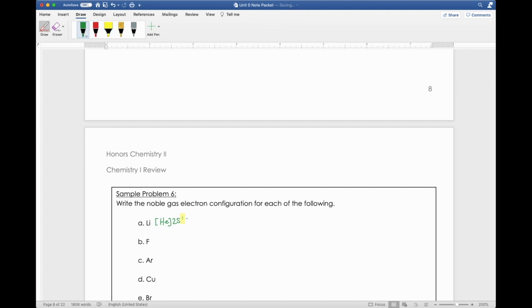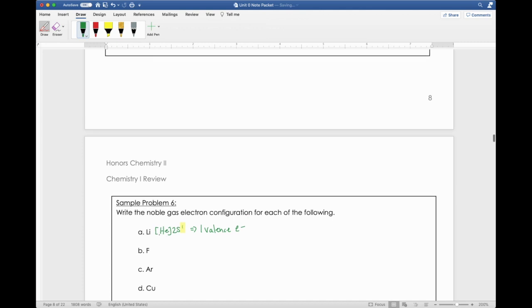In this case, there is only one electron in that outermost shell, which means that lithium has one valence electron. And that one valence electron gives lithium the properties that it has, which is what makes electron configuration so important.